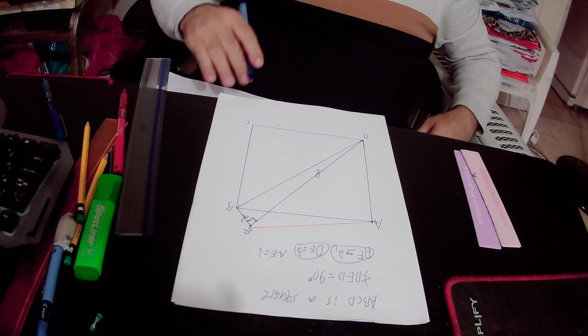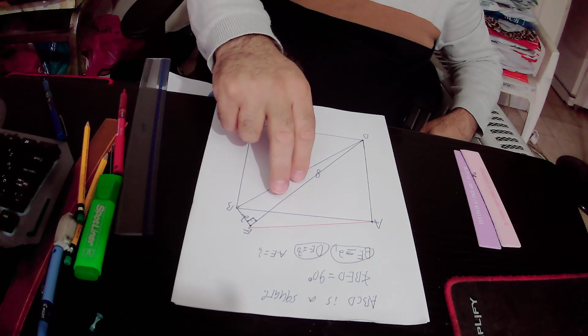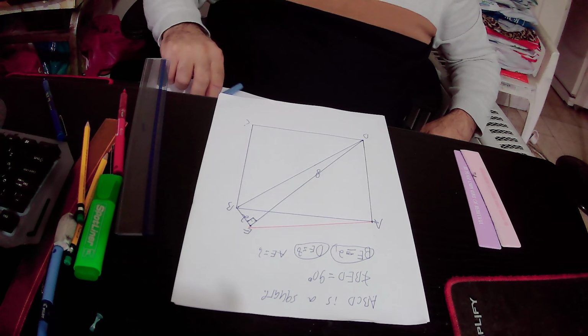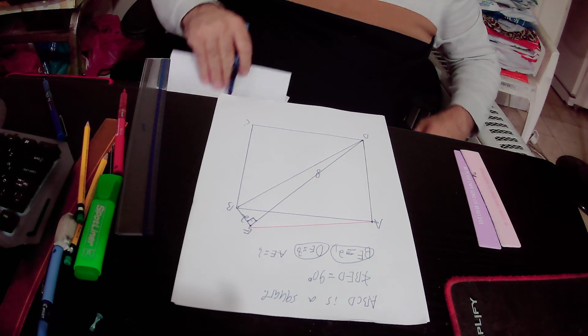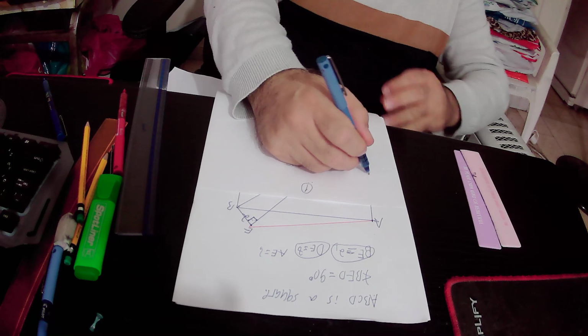And actually triangle EBD, this triangle is a right triangle, so I write it down. Triangle EBD is a right triangle.